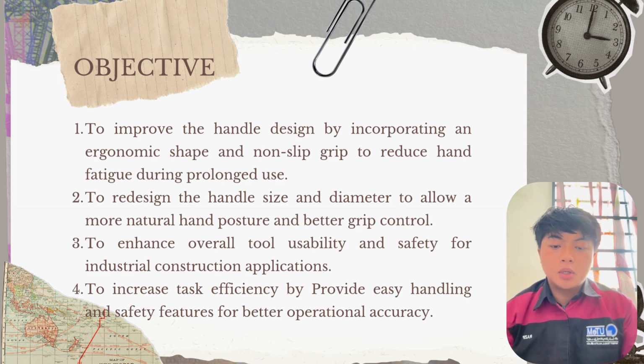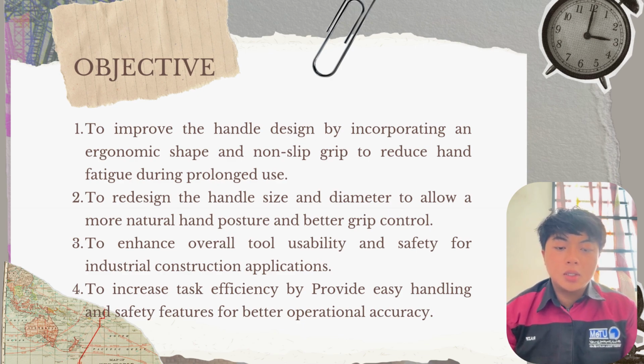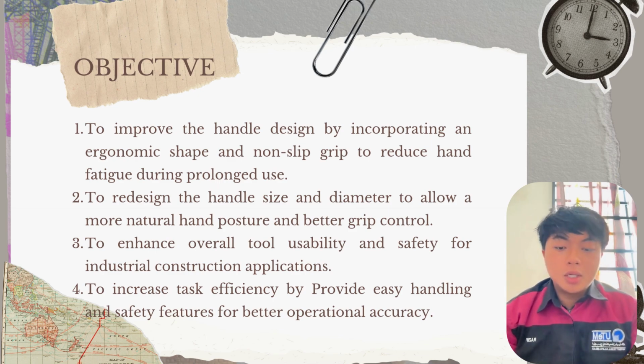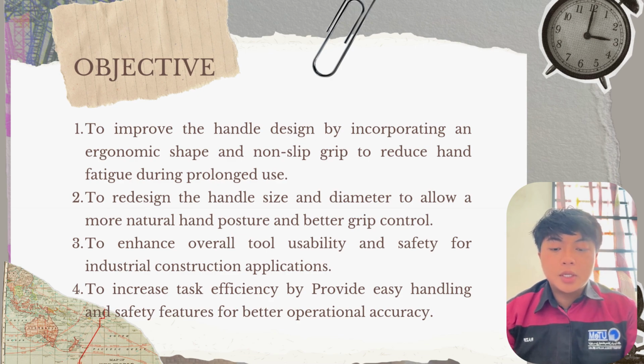The focus of this project is, first, to improve the handle design by incorporating an ergonomic shape and non-slip grip to reduce hand fatigue during prolonged use. Second, to redesign the handle size and diameter to allow a more natural hand posture and better grip control.